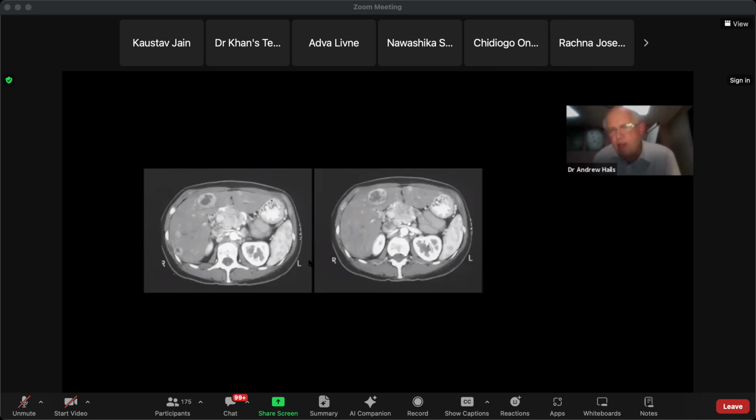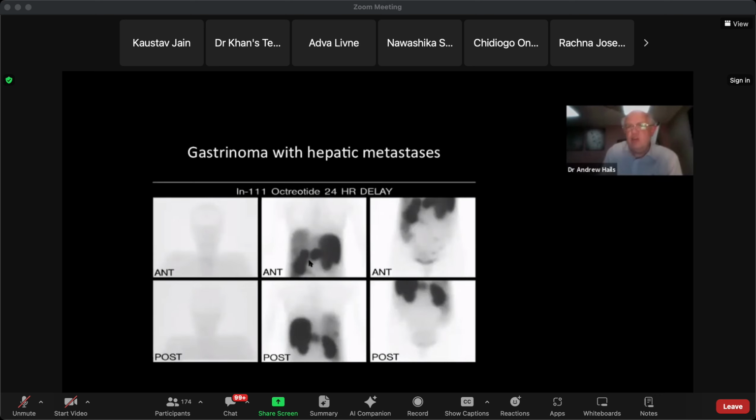So this is a pancreatic tumor rather than a carcinoid. It's in the pancreas. And that's what it turned out to be. It was a gastrinoma with hepatic metastases. And there it is identified in the pancreas and with hepatic metastases.